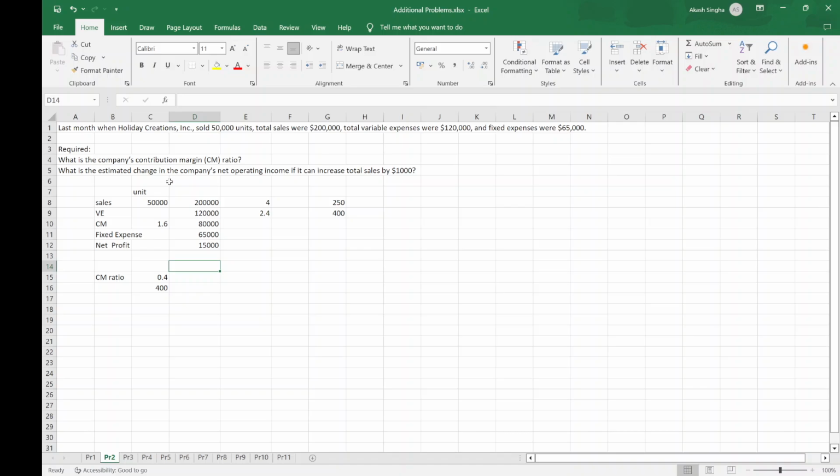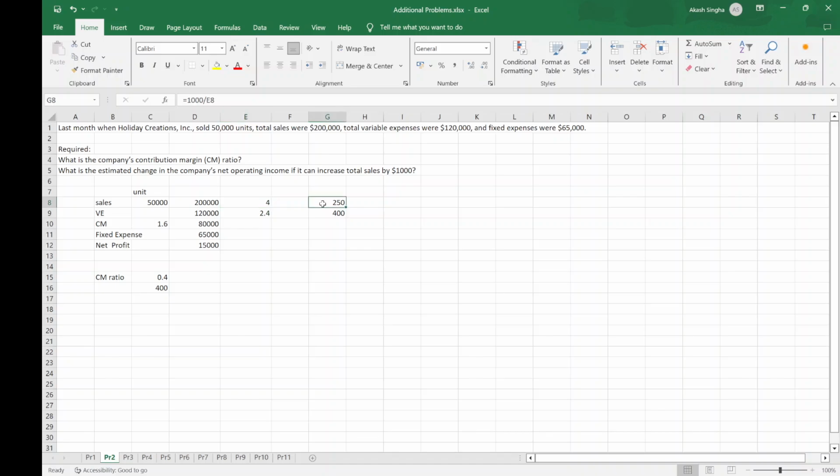What is the estimated change in the company's net operating income if it can increase total sales by $1,000? If sales are increased by $1,000, then at $4 per unit, 250 more units will be sold.